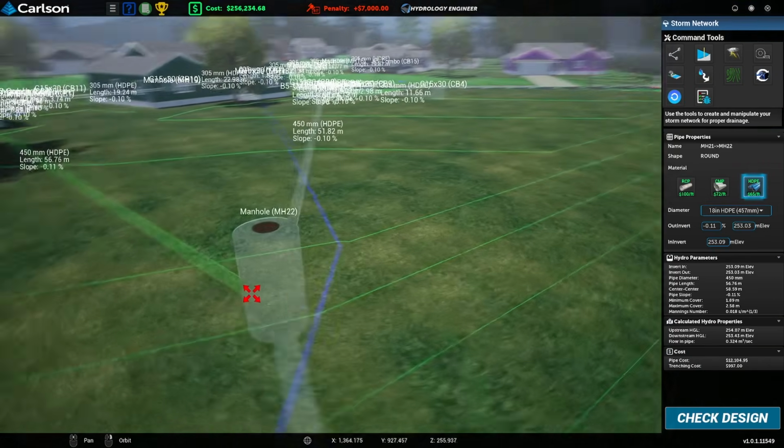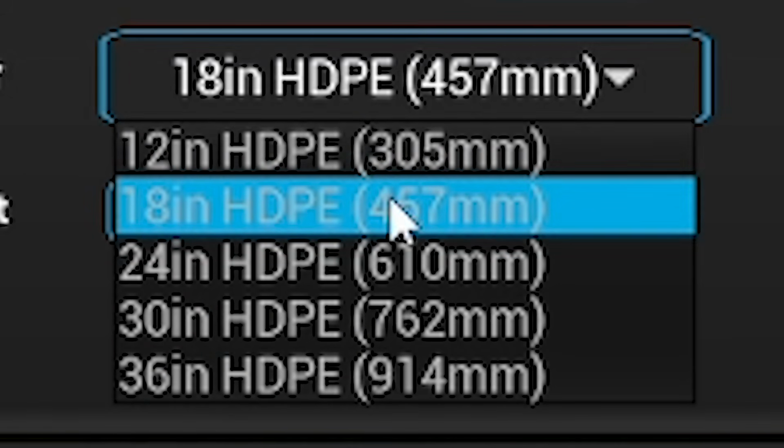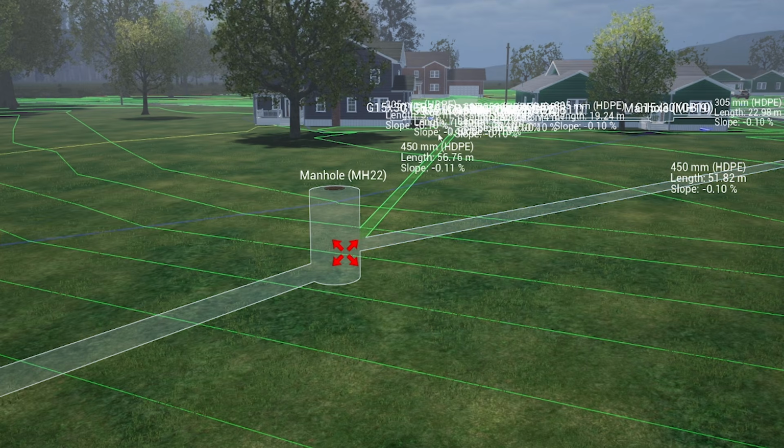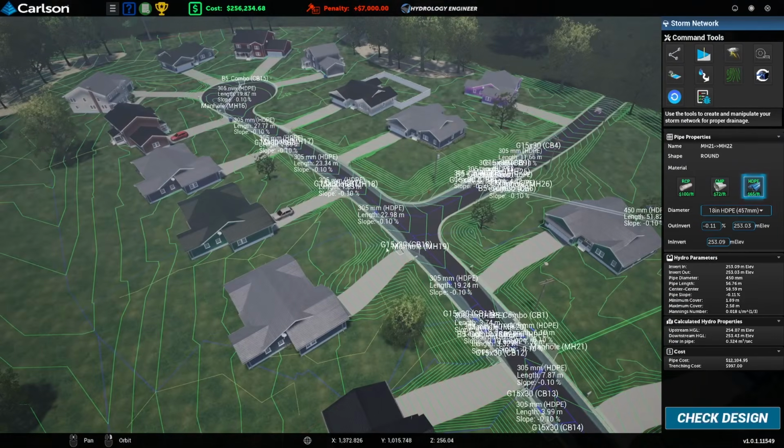That's a rough idea as to how this works. As you go up these pipe sizes, a 450 can take twice the amount of water of a 300. A 600 can take twice the amount of water of a 450. So if these two both take a 450 pipe amount of water, then this one should work as a 600. It's a nice rough idea to do your pipe network straight away.